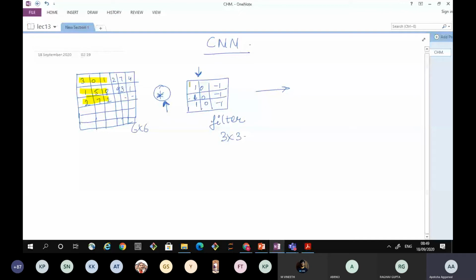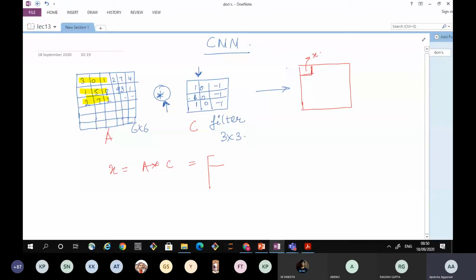If I am doing the calculations for this, what will I get? My first pixel in the new image, this part, let's say x, would be calculated using the convolution of this image A and C. So A star C would be something like this portion.